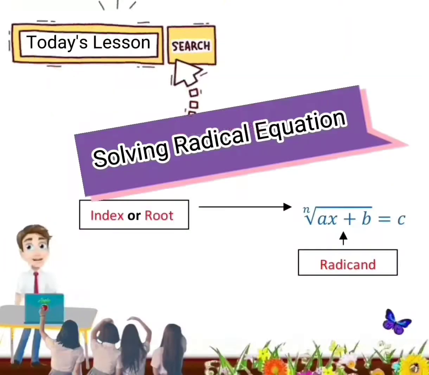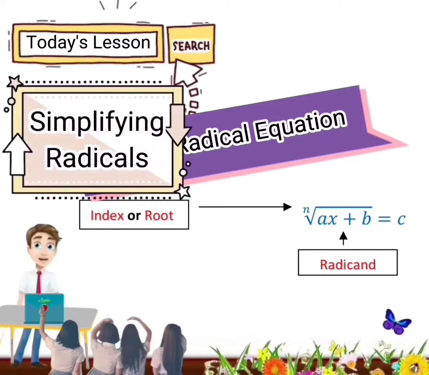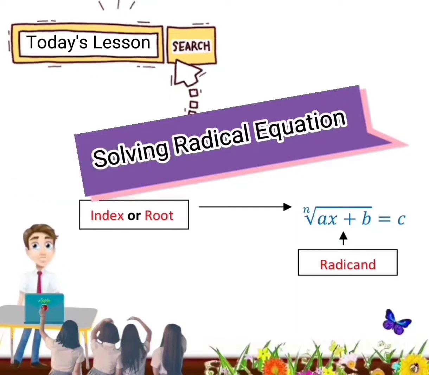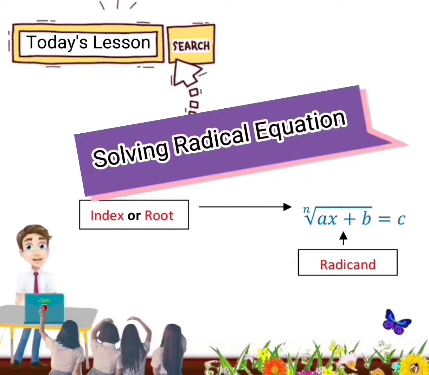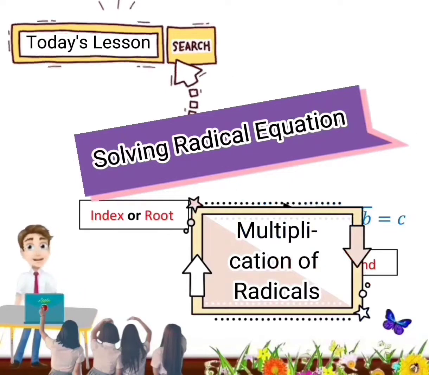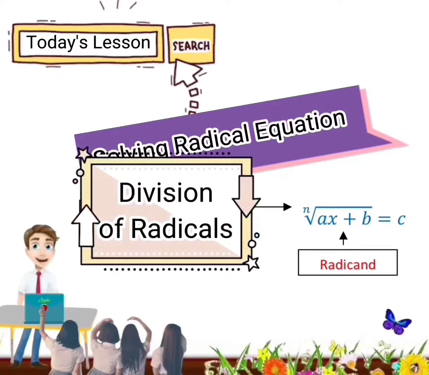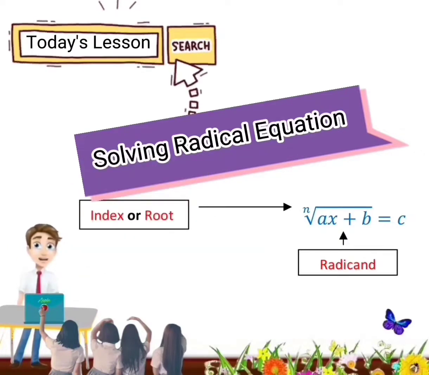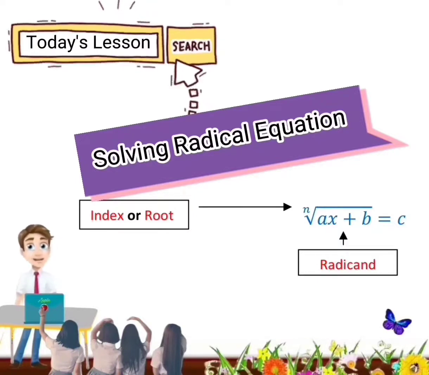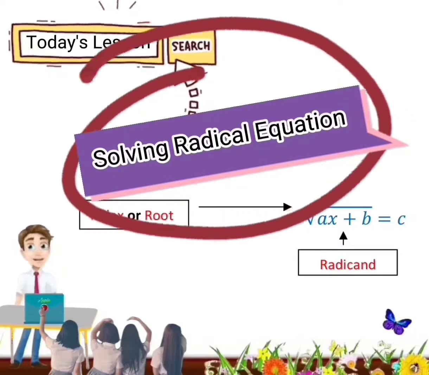Tapos na tayo sa mga iba't ibang lesson ng radical expression katulad ng simplifying radicals, addition and subtraction of radicals, multiplication of radicals, and then division of radicals. Ito ay tamang-tamang pagkakataon para atin pong pag-aaralan kung paano mag-solve ng radical equation.